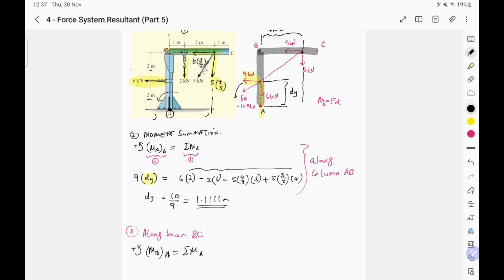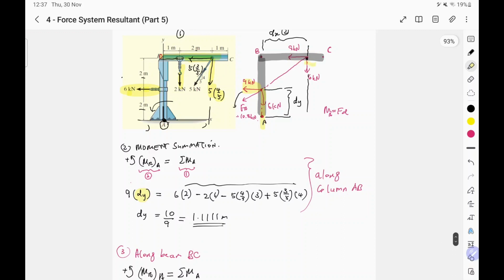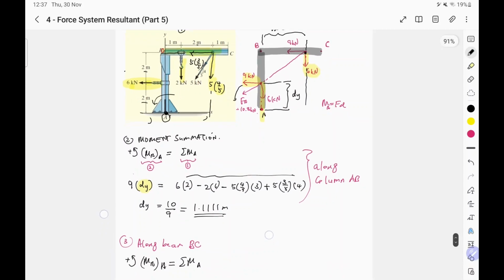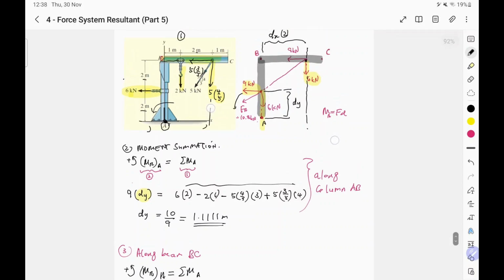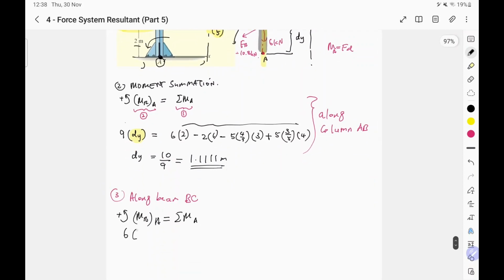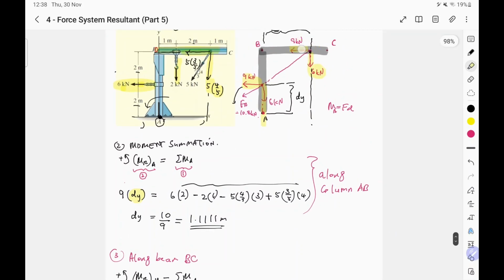So basically, if you refer to the second figure, this time around look at the top one only. Okay, so let's say we want to convert the 6 kilonewton into a moment. Again, we still use moment summation. So the magnitude is 6, the distance is unknown, so we use dx. But if you look here, the 9 kilonewton relative to the rotation point has a distance.